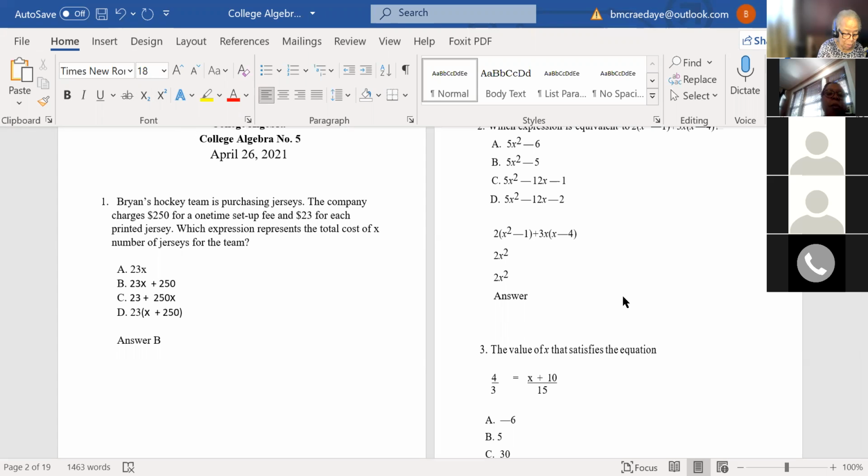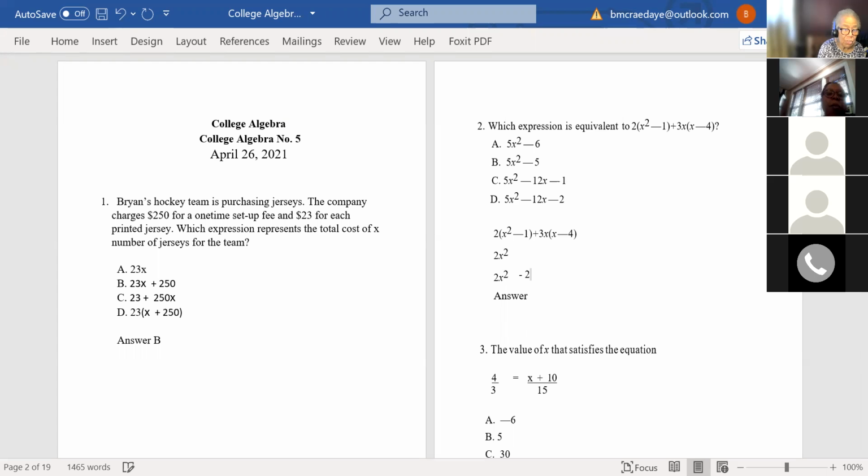It's still coming up wrong. So this is minus 2. The 2 should be even with this, and I don't know why it's doing that. Let me see if this will work if I do it this way.